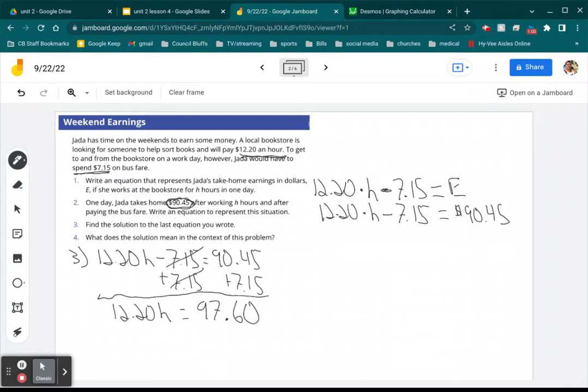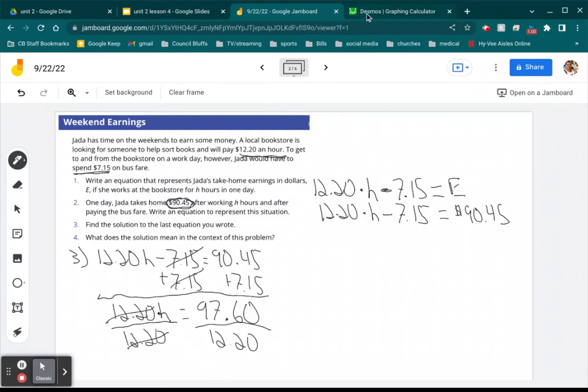All right. So I got rid of the minus $7.15. Now, in order to solve for H, I have to get rid of the multiplication by doing the opposite. So I'm going to divide both sides by $12.20. Okay, in order to get rid of that.